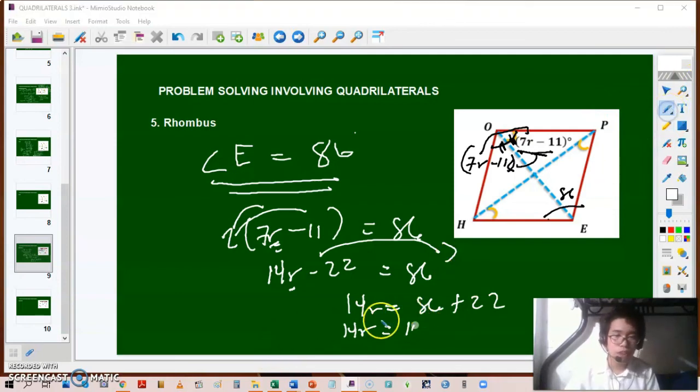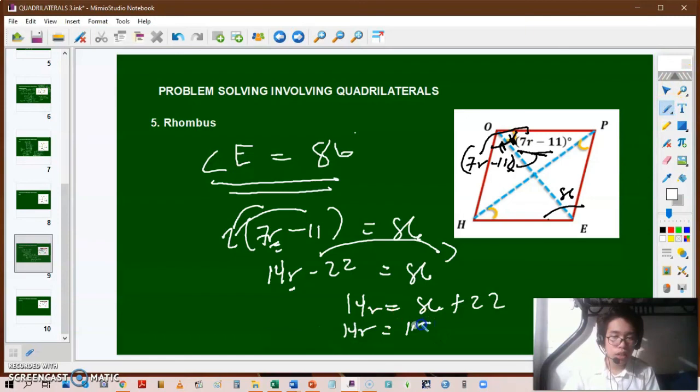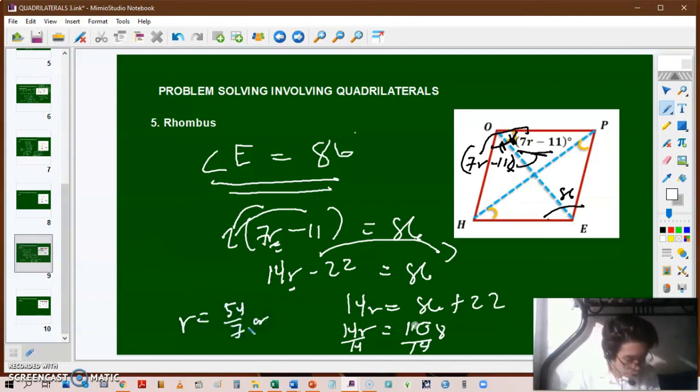If you divide 14r by 14, we're only going to be left with r. And if you divide 108 by 14, what's 108 divided by 14? That's going to be 54 over 7. So the value of r is going to be 54 over 7, or 7.71.